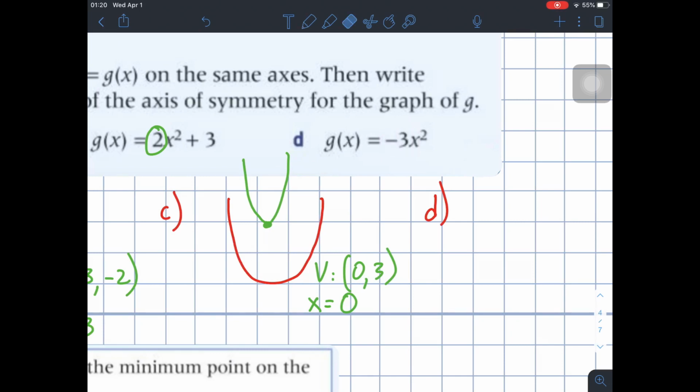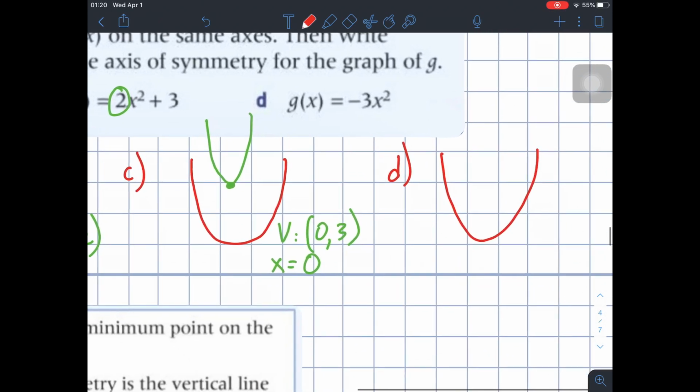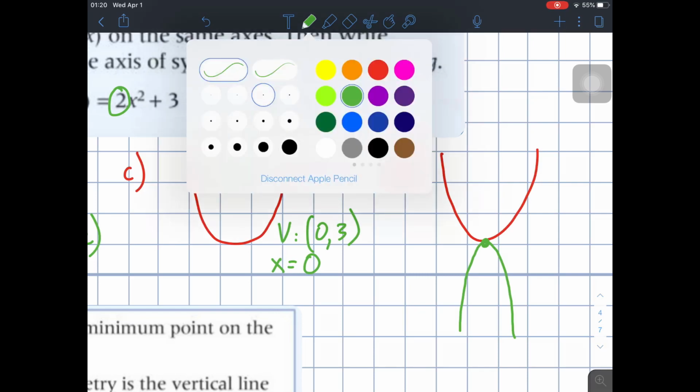So if we graph the parent function, it looks something like this, and the new function should look something like this. It should be narrower and facing down, because there's a reflection over the x-axis, right? So this is what we should have as a result.